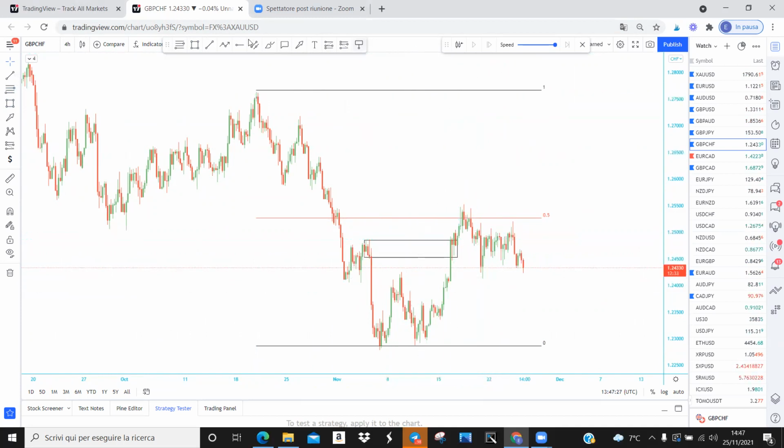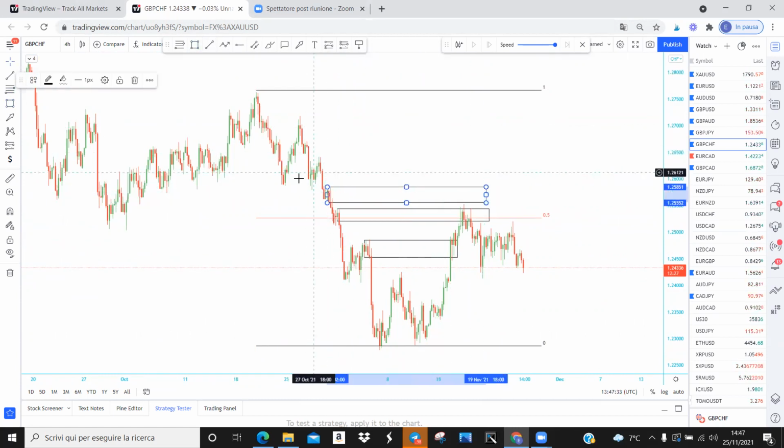You already eliminated that area, but you know that you might consider this one, you might consider this one, you might consider all of these, actually this one too, etc. But at least you eliminate part of your supply and demand areas just by looking at premium and discount.